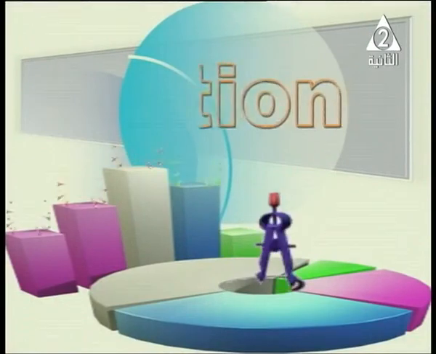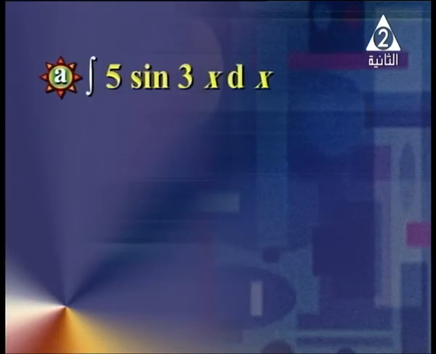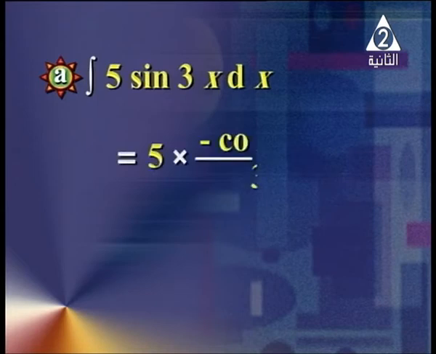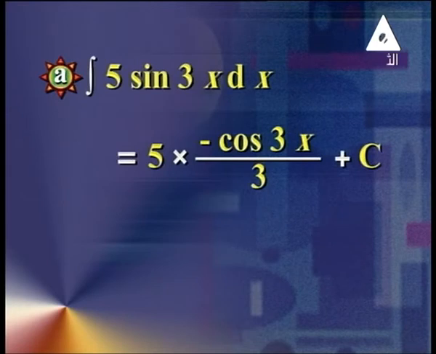Solution. Dear student, what is the integration of 5 sine 3x dx? 5 is a constant. The integration of sine is negative cosine, but in this case we have sine 3x.